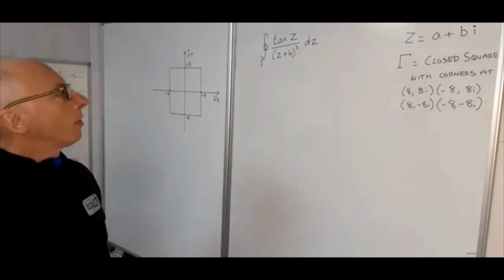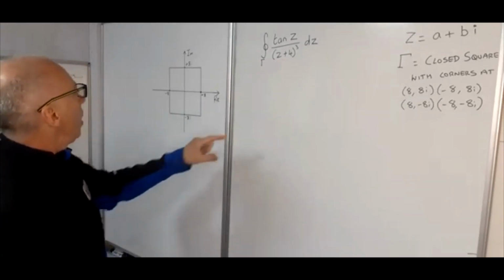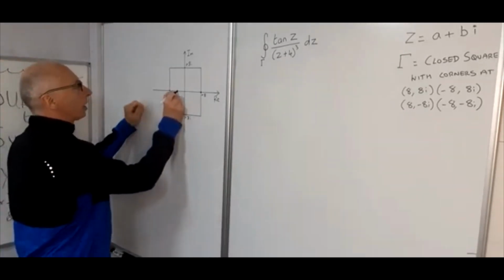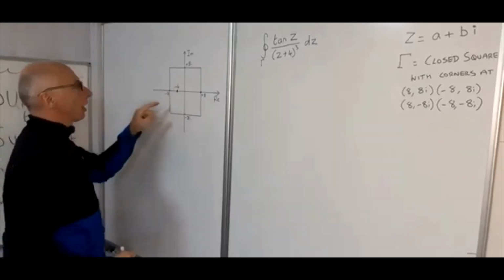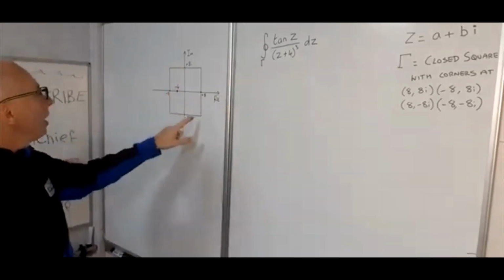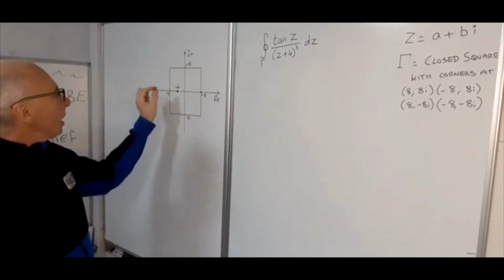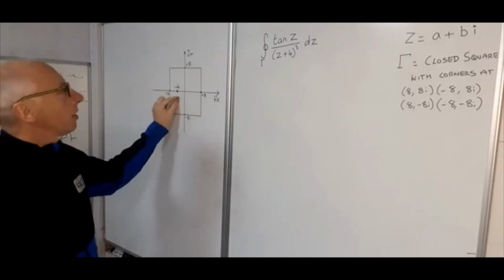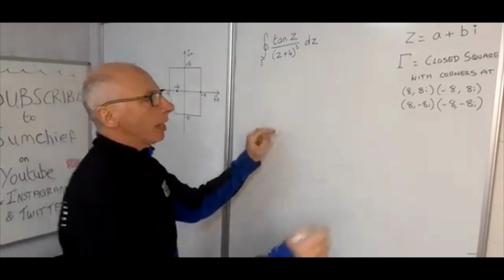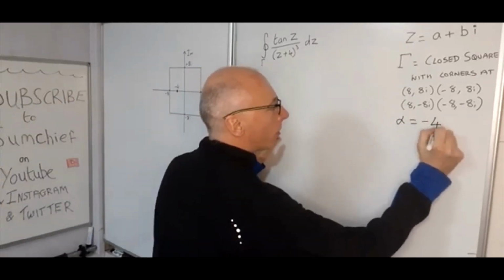So next we need to define the singularity. So at minus 4 on our complex plane, that's going to be around about this point here, which lies inside our square. And as you can see, this square is a closed square, so it's completely inside this square. So we'll give ourselves a little variable here, and we call alpha equals minus 4.